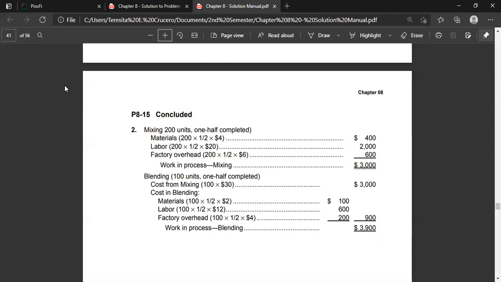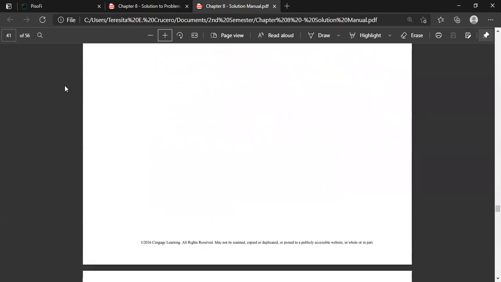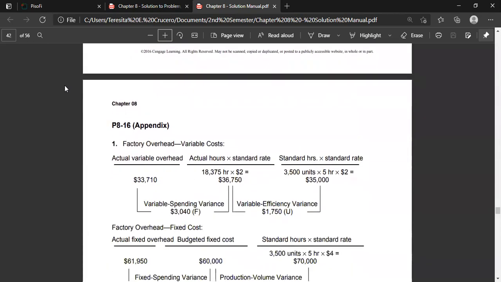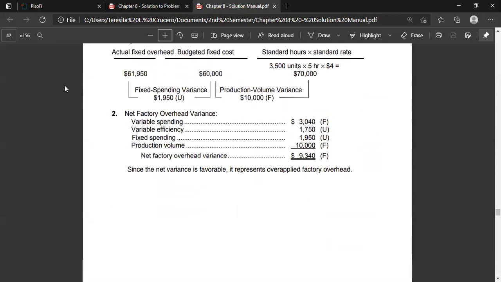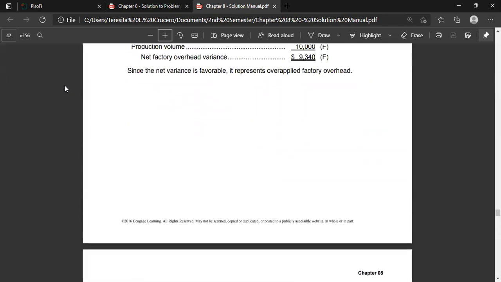Okay, so we have now your solutions to 8-15. Actually, 8-15 is the review of the whole chapter. And another problem here is 8-16 with only two requirements.